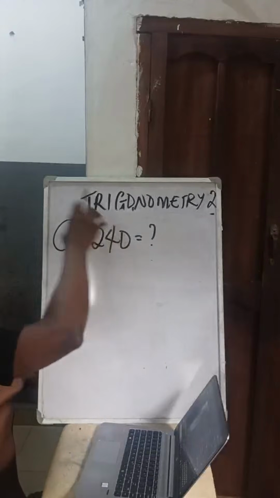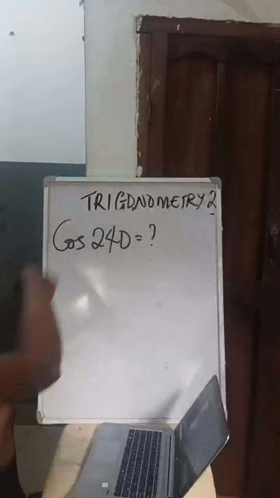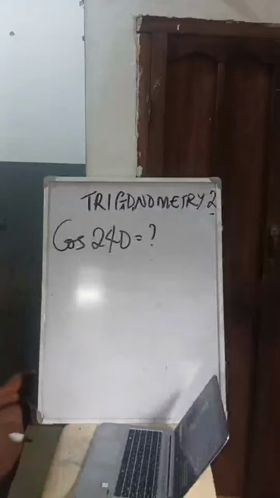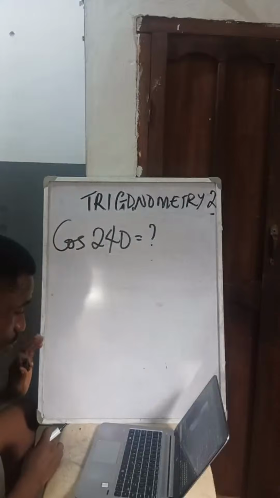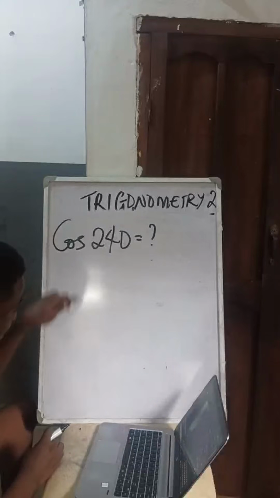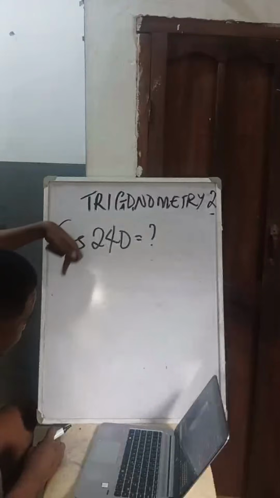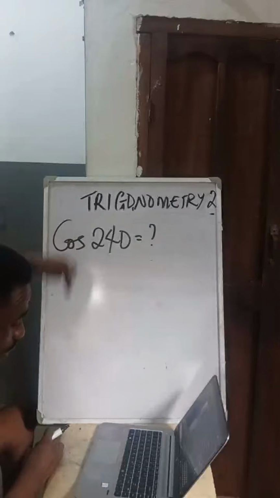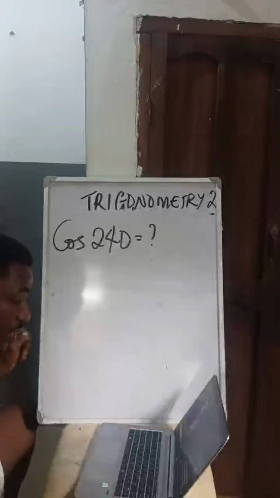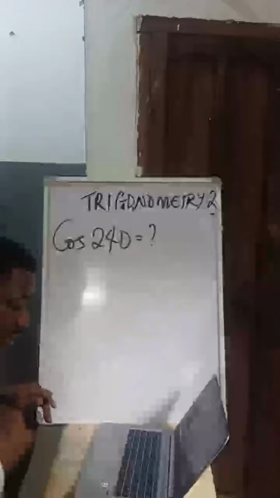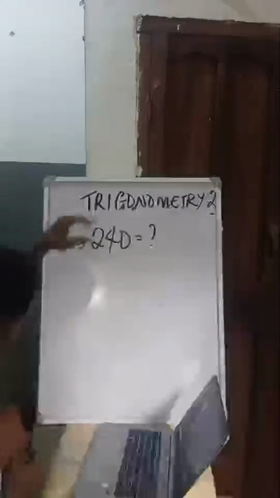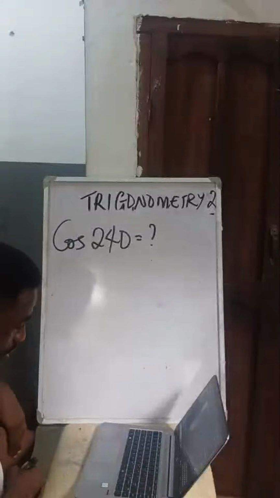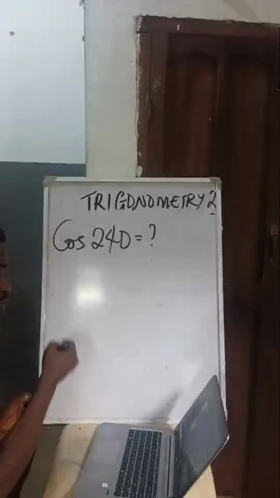Now, consider 240 to be in the third quadrant. If it's in the third quadrant, tell me, is cos positive or negative in the third quadrant? Are you getting it now? When you are able to identify whether cos is positive or negative in the third quadrant, we can move ahead. So what should we do?